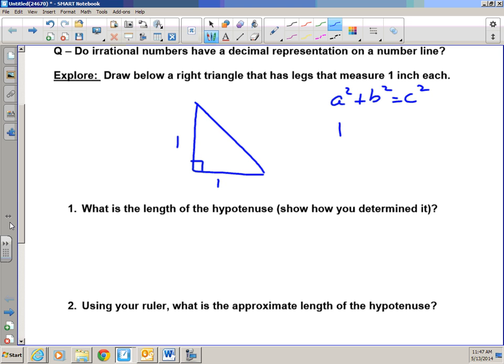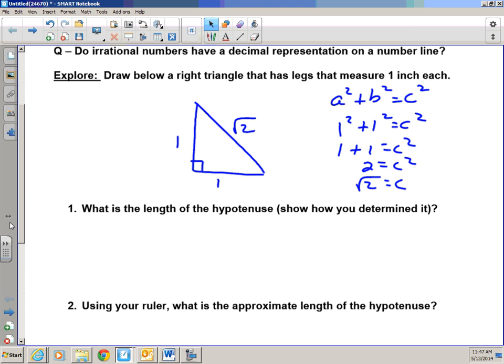So it's 1 squared plus 1 squared equals c squared. So 1 plus 1 is c squared. That means c is the square root of 2. Well, we know the square root of 2 is an irrational number because it's not a perfect square.